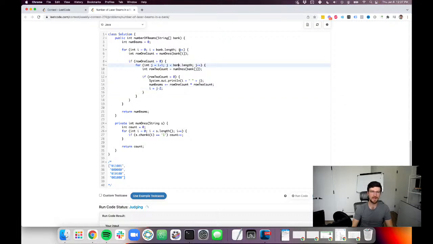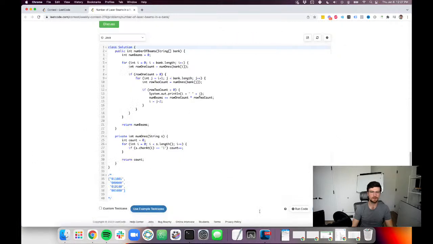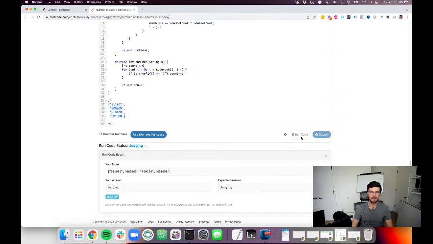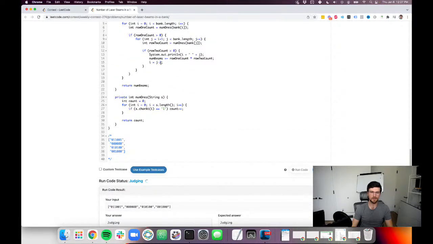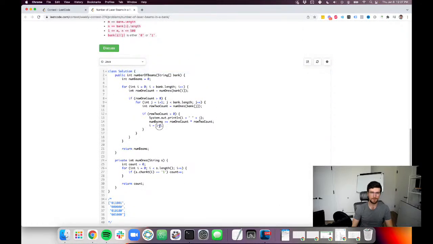But what's happening is that I is getting incremented and j is getting incremented. This is being weird, so let's try. Oh, I see. That actually broke it because it looks like we're running into an infinite loop here.